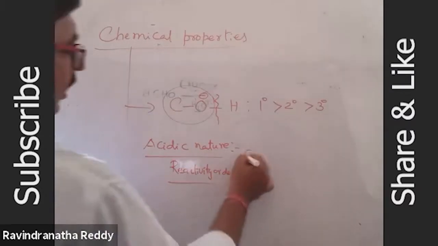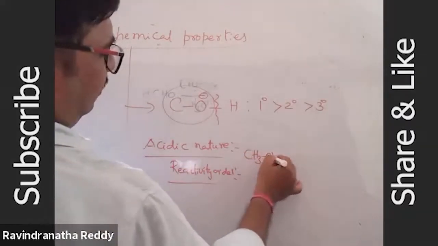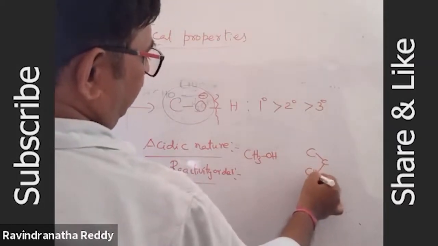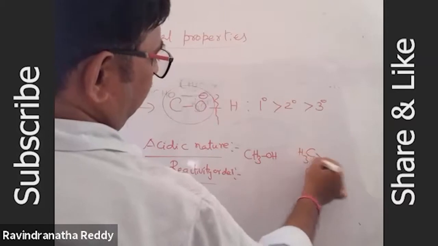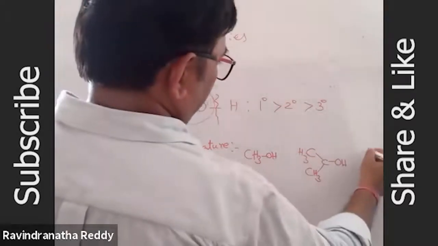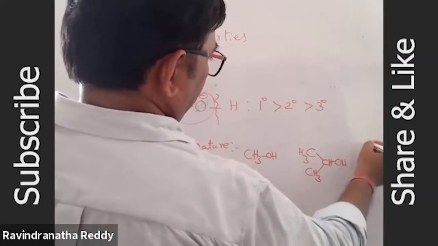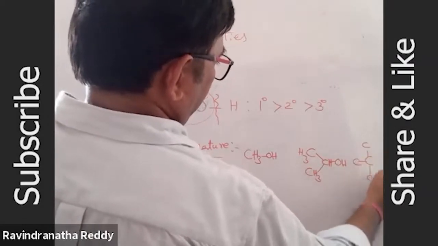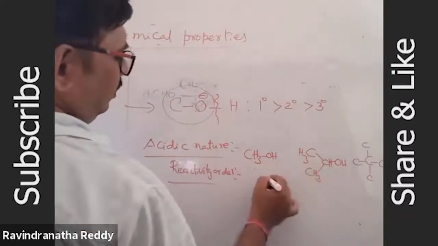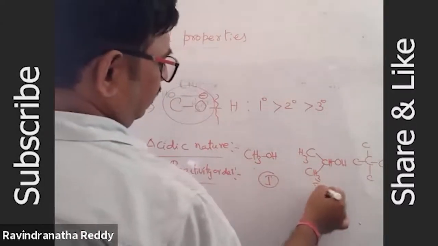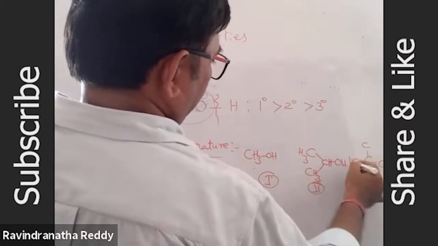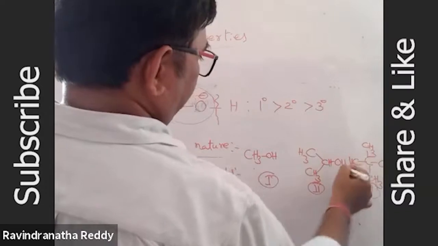Suppose a 1 degree alcohol CH3OH is given, next a 2 degree alcohol, next a 3 degree alcohol. Which has more acidic nature: the first one, the second one, or the third one? 1 degree, 2 degree, or 3 degree?